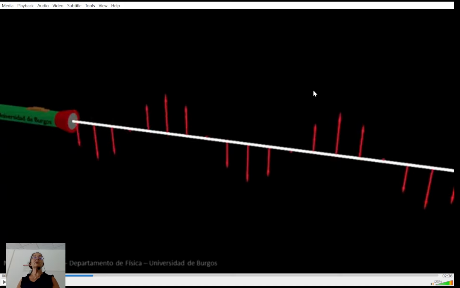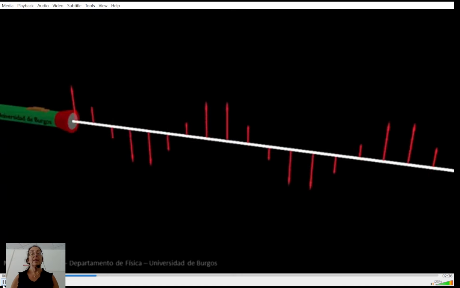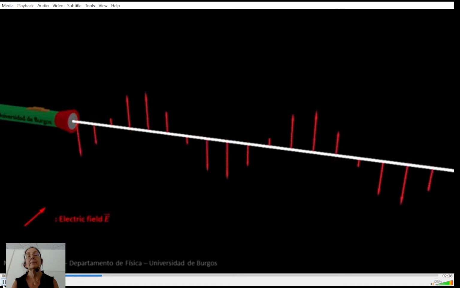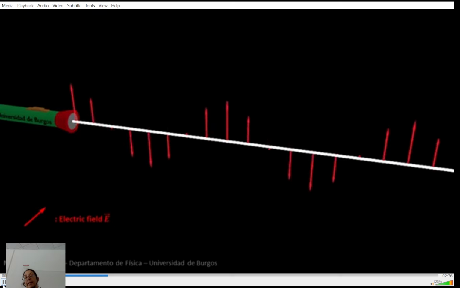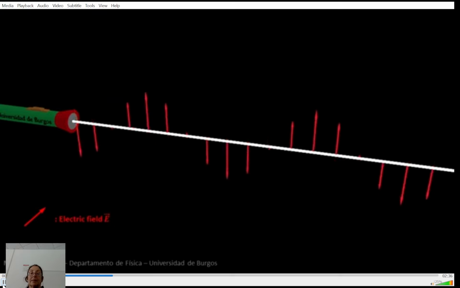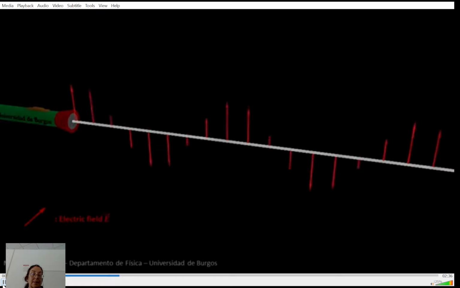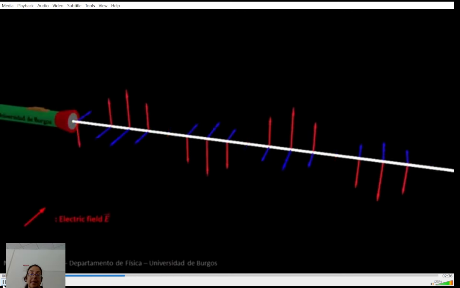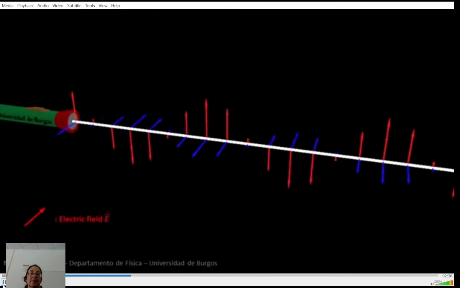The distance between crest and crest, that will be the wavelength, which is inseparable from the photon jet. The plane of oscillation is perpendicular to the beam. Second, there is also an oscillating magnetic field.